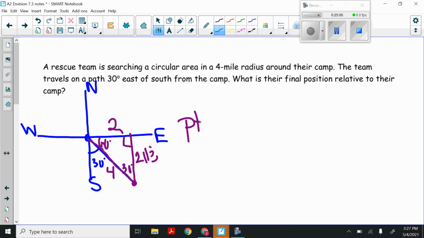But since I'm in the fourth quadrant, my x is positive, so 2, comma, my y is negative, negative 2 square roots of 3.